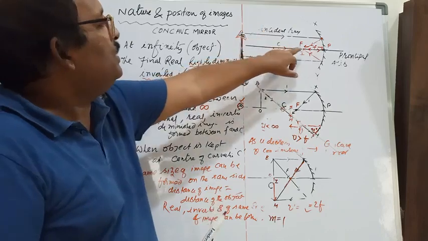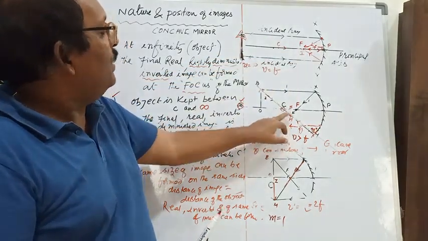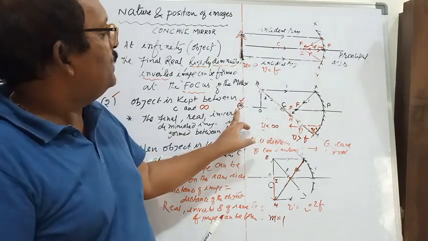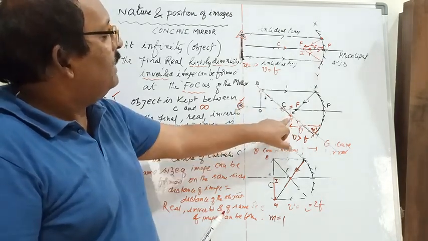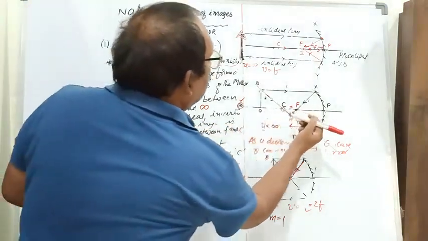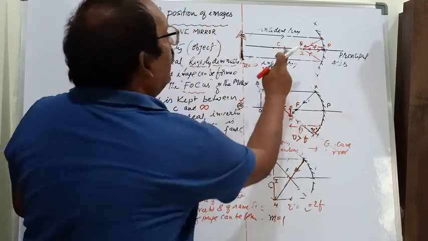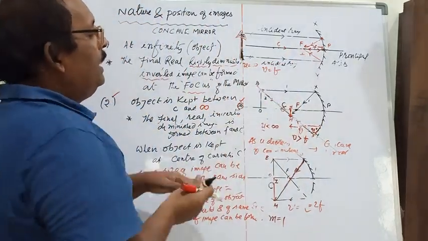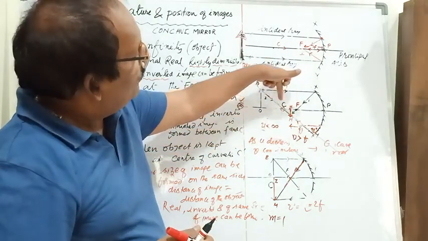It is a real, inverted, highly diminished image. When the object is between center of curvature and infinity, the image is diminished, not highly diminished. A real, inverted, diminished image is found between center of curvature and principal focus.